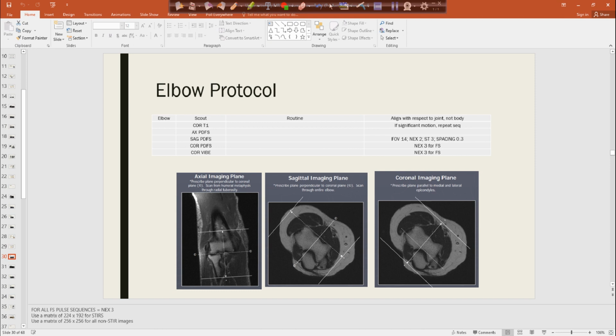And then here, you can see how the angles are a little confusing, but you have the epicondyles of the elbow, and for the sagittal, you want to be perpendicular to the line drawn between the epicondyles, and then for the coronal, you want to be parallel to the line drawn between the epicondyles.